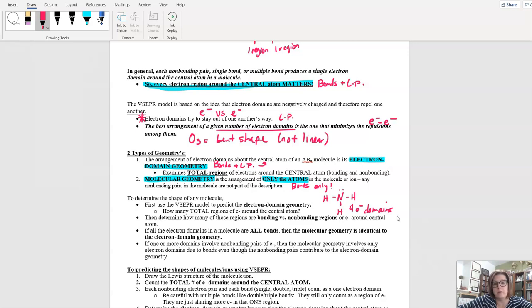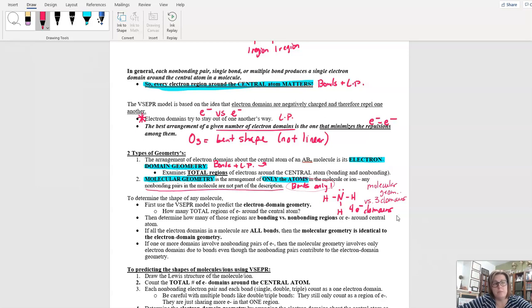But what about the molecular geometry? For the molecular geometry, it only has 3 domains. And why the difference? Molecular versus electron domain geometry differ because molecular geometry is only looking at the bonds. It does not look at the lone pairs. So we're looking at 3 bonding, 1 non-bonding, and non-bonding pairs are not part of the description.